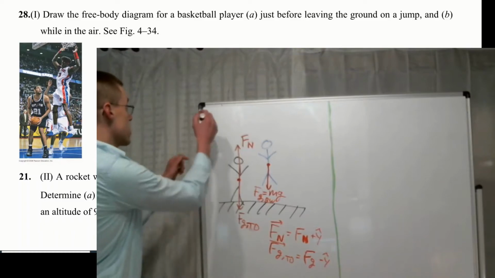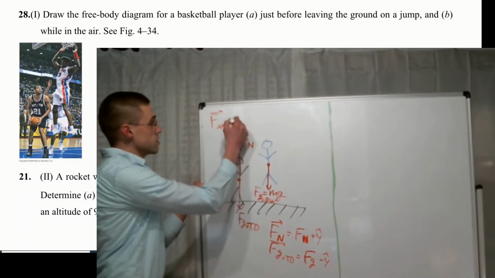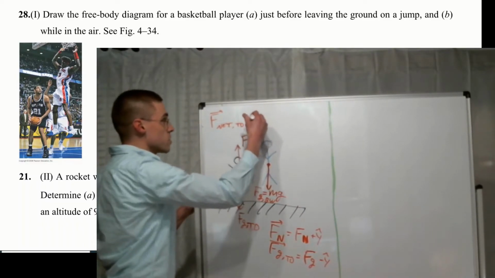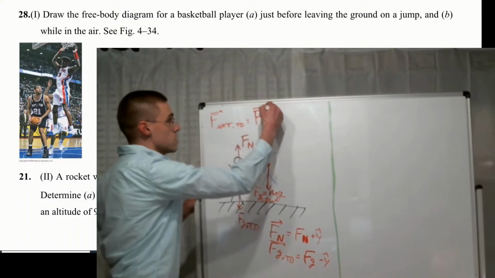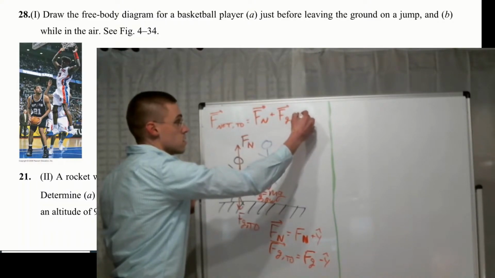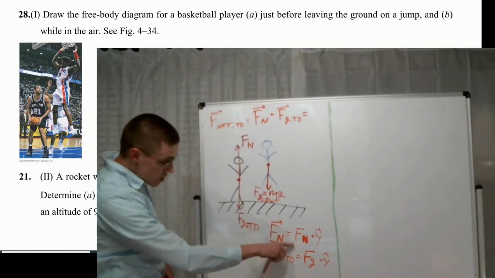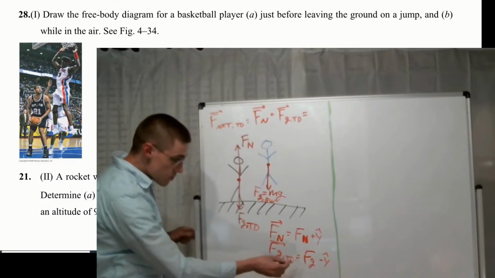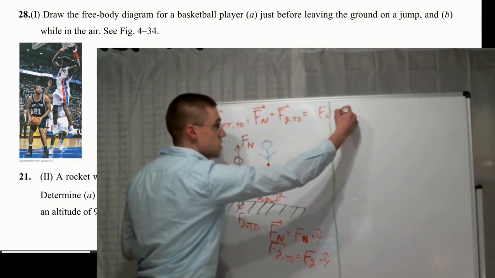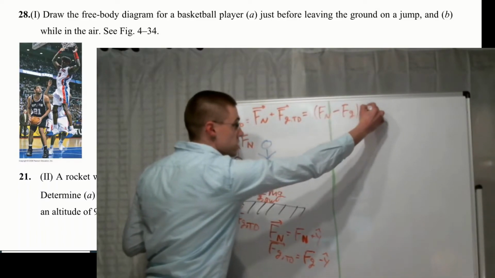So if I wanted to write the net force on Tim Duncan, it would be just the sum of these two forces here, Fn plus F gravity. So if I add those together, I'll write it in terms of its magnitude with the proper directions. So Fn minus Fg, in the y-hat direction.